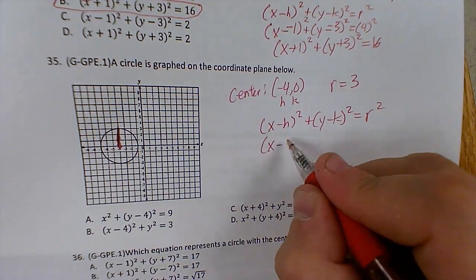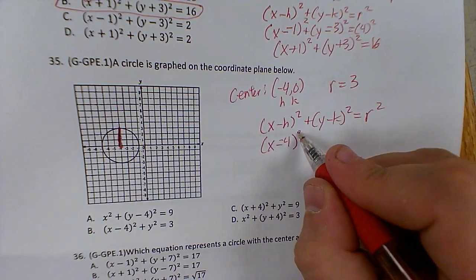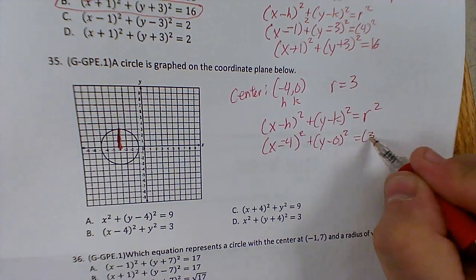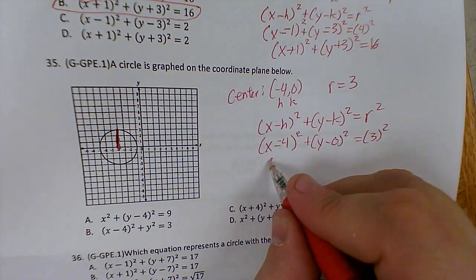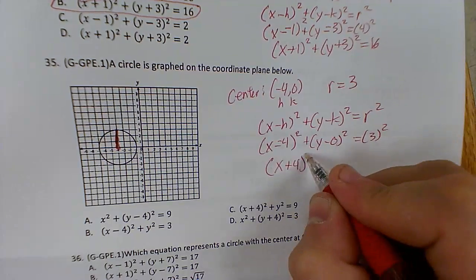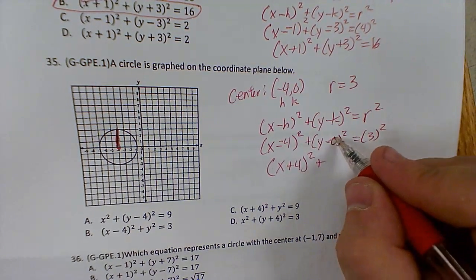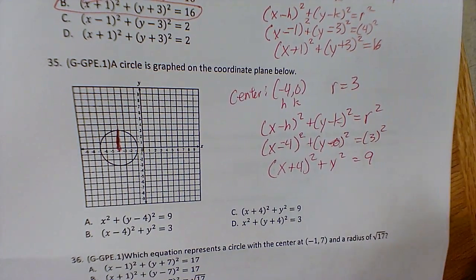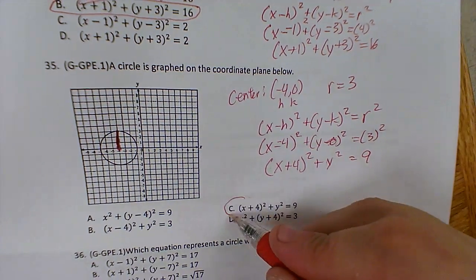We would have x minus a -4 squared plus y minus 0 squared is equal to 3 squared. So we would have x plus 4 squared plus, and 0 does nothing, so we just have y squared is equal to 9, which is answer choice C.